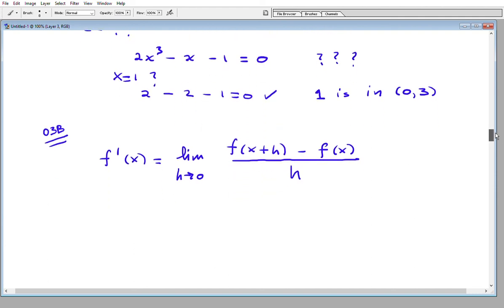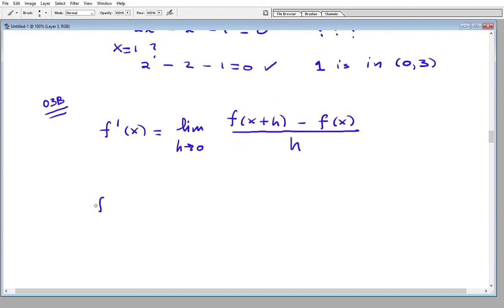If we want f prime only at a specific value, then sometimes we use the other slope formula.